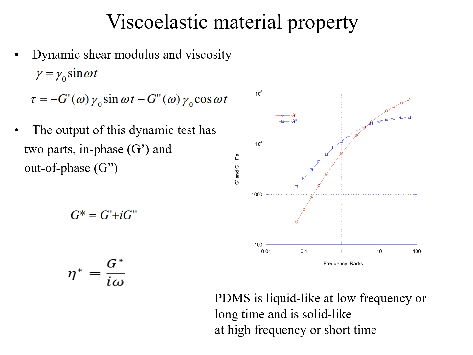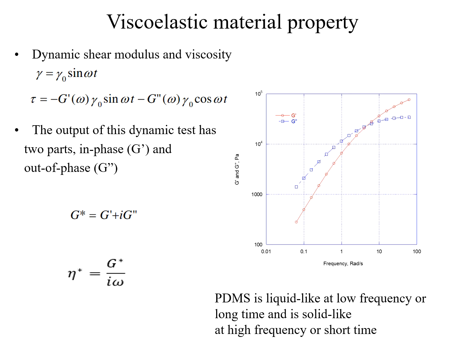Viscoelastic material property, dynamic shear modulus, and viscosity. So in the dynamic test, we can get both dynamic viscosity and dynamic shear modulus. The output of this dynamic test has two parts, in phase G prime and out of phase G double prime.